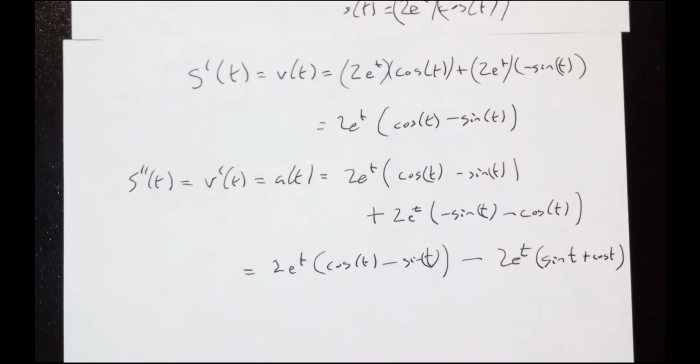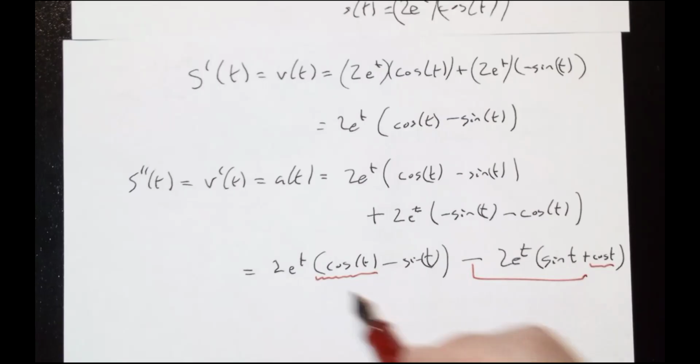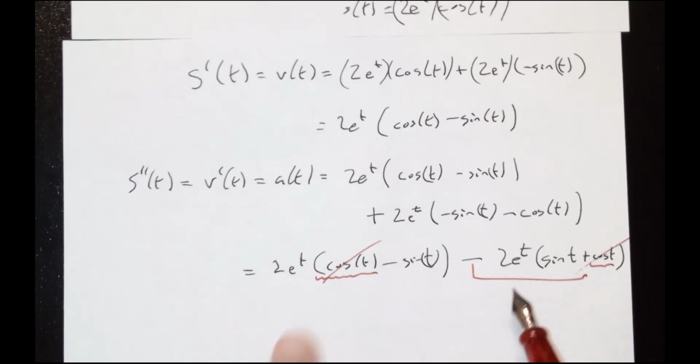This cosine is positive. This cosine is being subtracted, right? So what happens to those cosines? Because they both have a 2e to the t in front of them, they're perfectly balanced.